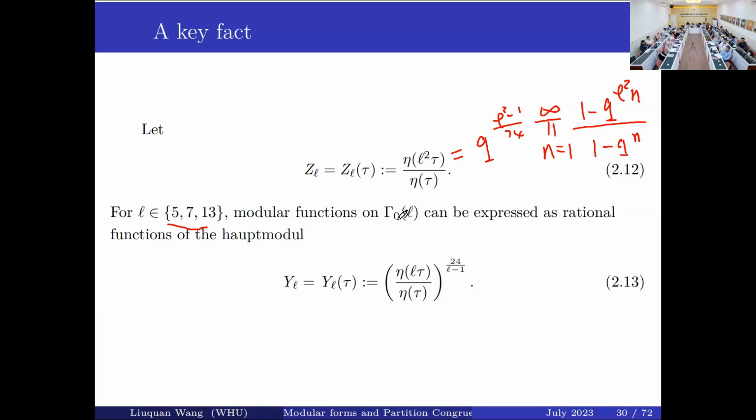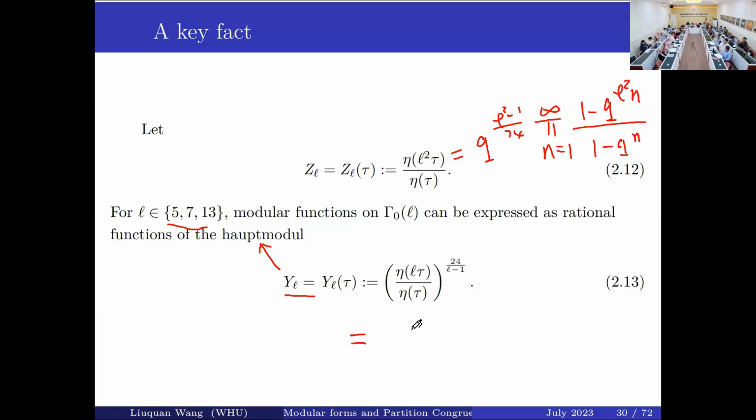And there is a very well-known fact that says any modular function on Gamma_0(L) can be expressed as a rational function of the so-called Hauptmodul y_L. So y_L is called a Hauptmodul, and it is defined by this quotient of Dedekind eta functions.